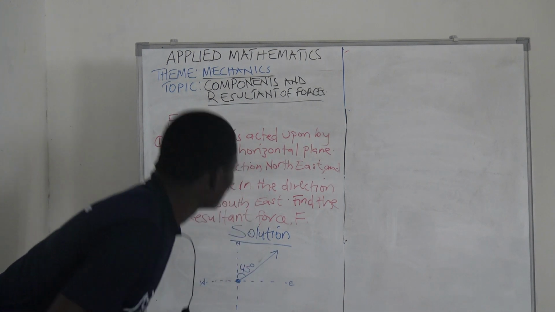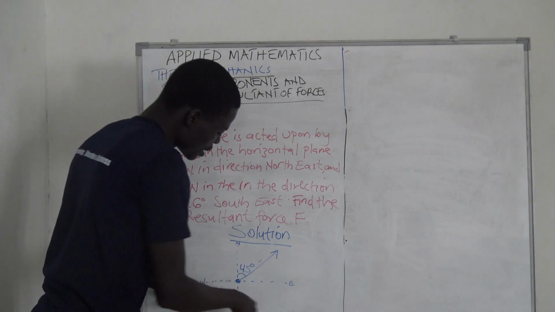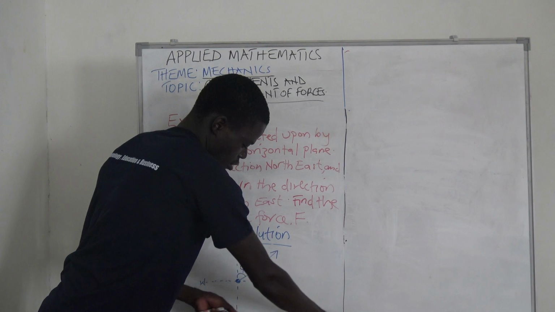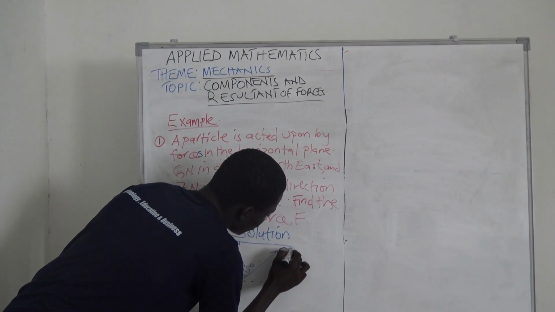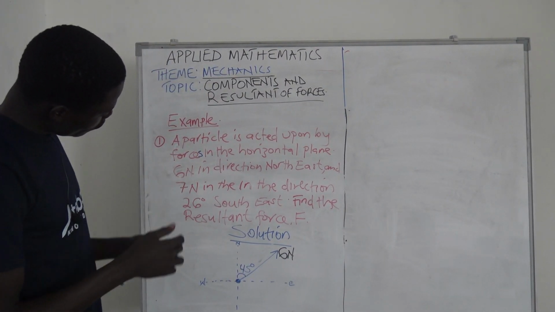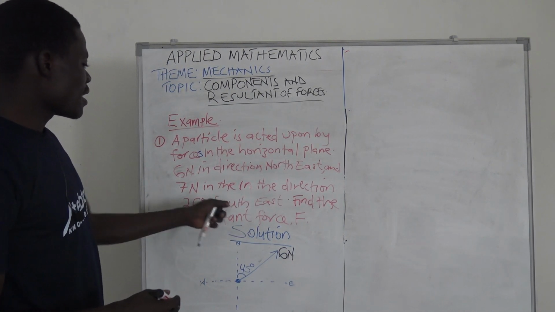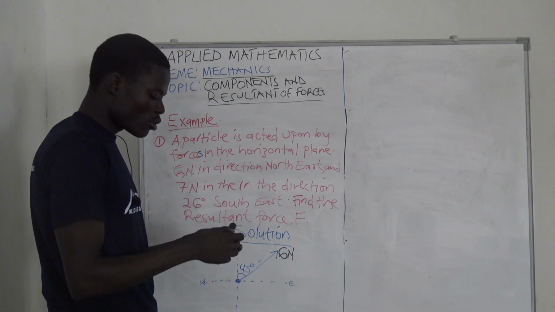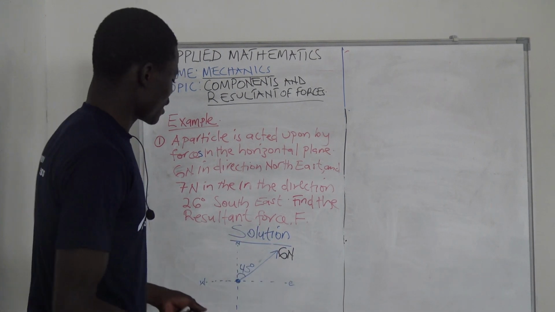And then there is another force of 7 Newton. This is the force of 6 Newton acting in that direction. And then there is a force of 7 Newton in the direction of 26 degrees southeast, implying it is coming from south to east by 26 degrees. Where is our south? It's here. Where is our east? It's this one.